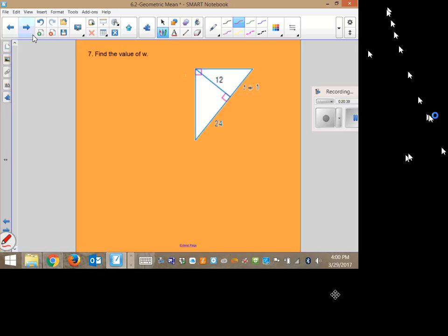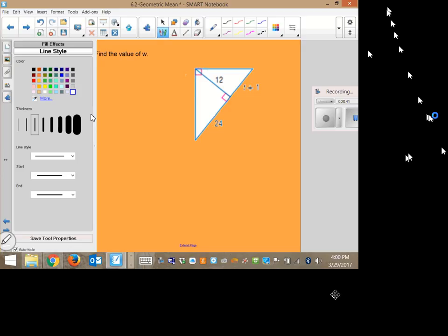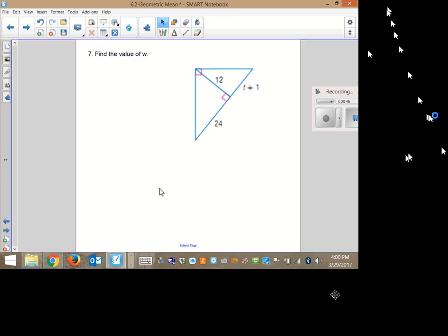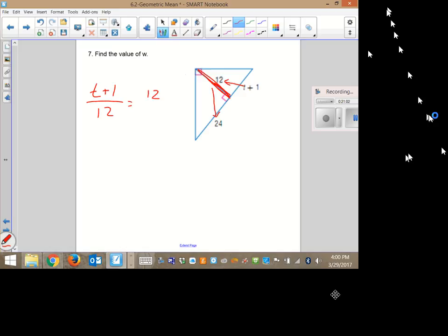Last one. Hang with me. So here we have our middle one. So we're going to take and set t plus 1 over 12 equals 12 over 24. So that equals 12 over 24.